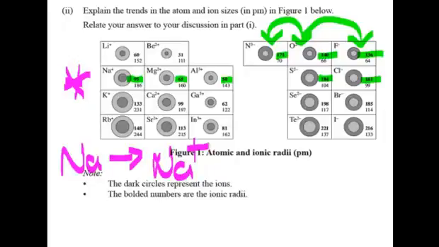And the most significant factor for the anion is the addition of electrons, which means extra electron repulsion. So you've got to bring out those significant factors in your answer.